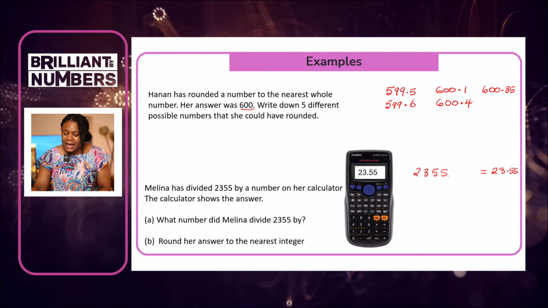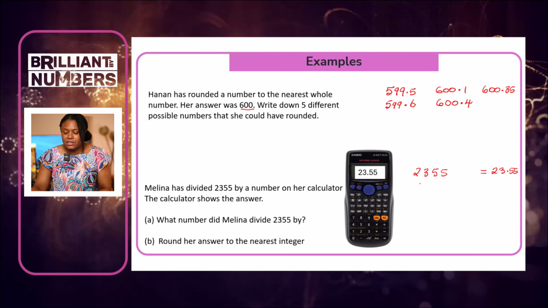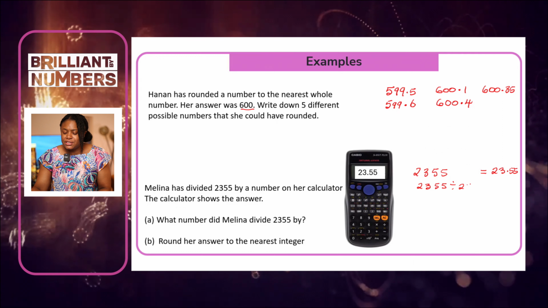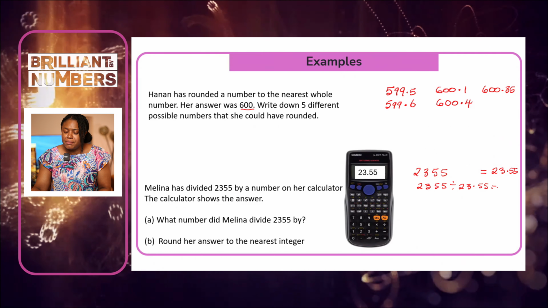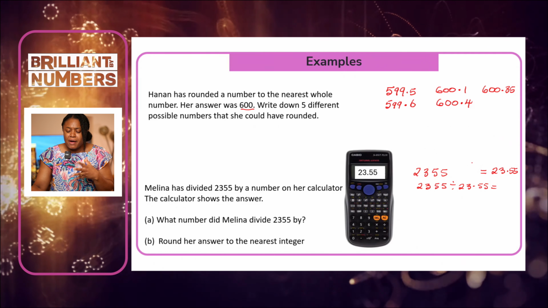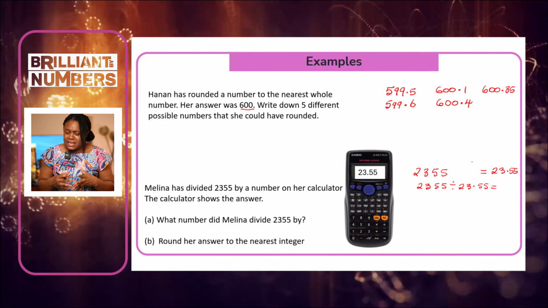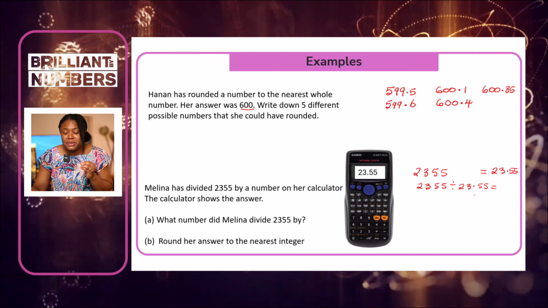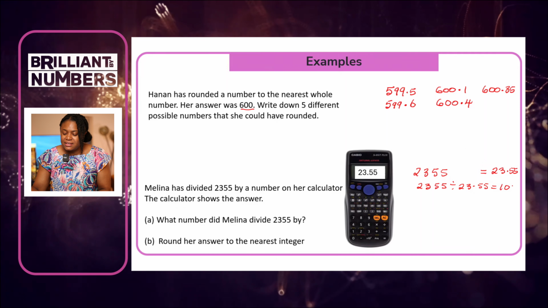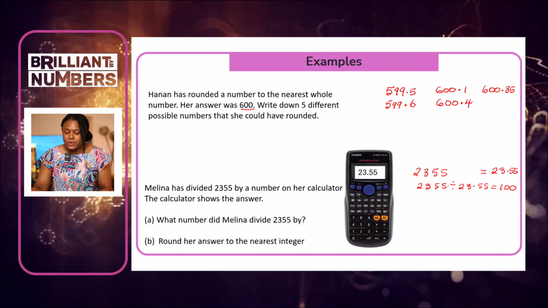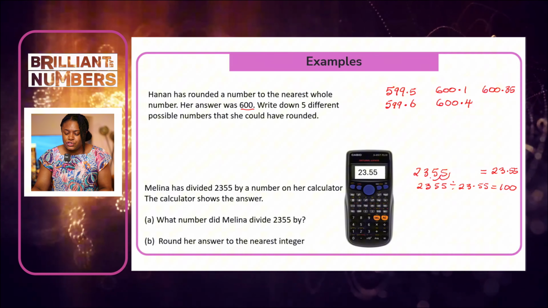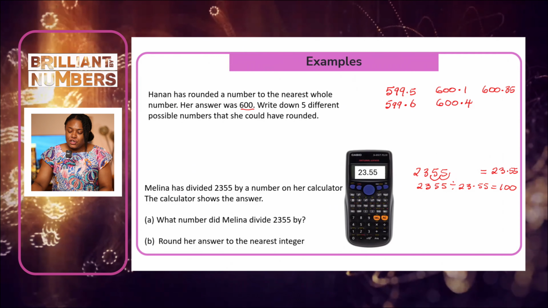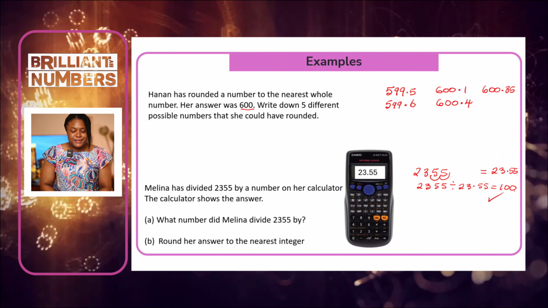So I can see here 2 ways to do this. I could just do 2355 divided by the answer, and that would get me the number I divided by. Or I could just simply look at it and say, how did I get from this number to the answer? Either way, you should be able to see she had divided by 100. So if you look, 1, 2, that gets me to 23.55. So our answer is 100.